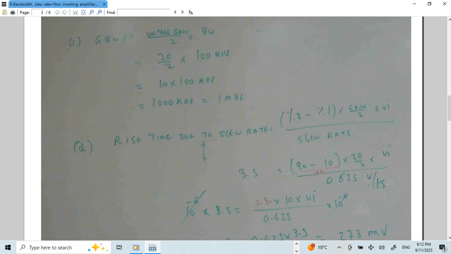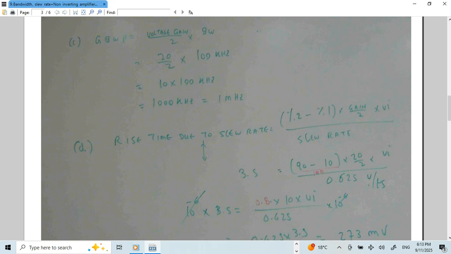So this becomes 10 multiplied by 100 kilohertz, which is 1000 kilohertz, so this becomes 1 megahertz. So the gain bandwidth product is 1 megahertz. And the C, the gain bandwidth product of the amplifier, we already calculated.